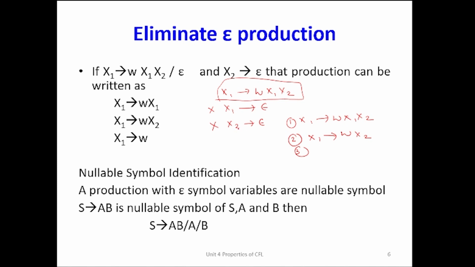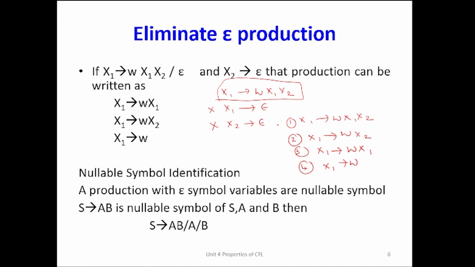If I substitute only X2 as epsilon, X1 stays as it is, so the answer is W X1, with X1 on the left side. The third time, if I substitute both X1 and X2 as epsilon, only W is available on the right side.